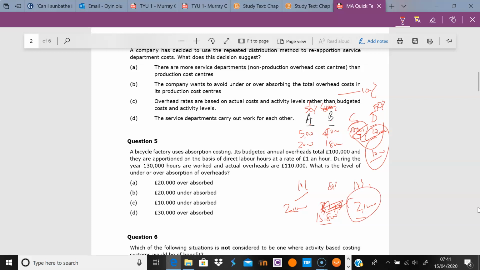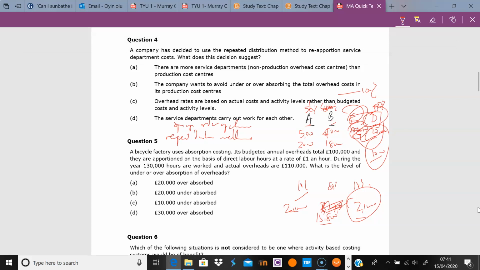So you see, the problem is that immediately you have two service departments working for each other, we have a situation where we have to continuously keep going until we totally get rid of or fully reapportion the costs in C and D to A and B. And that's what we talked about, if you remember, the question about repeated distribution methods and specific order of closure, where we're trying to get rid of these costs out of here.